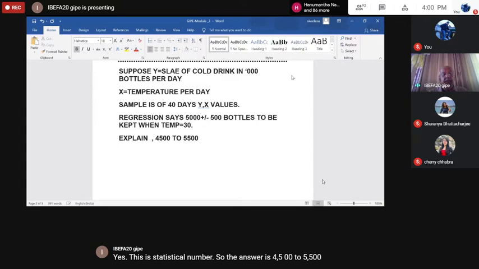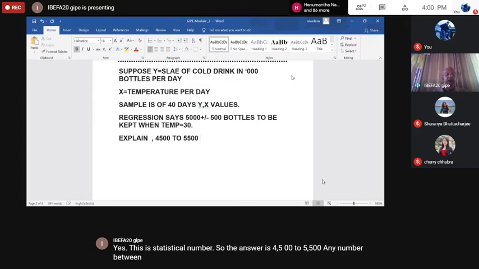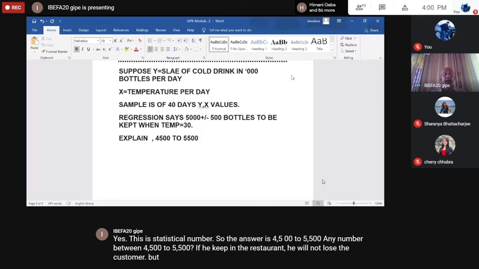Any number between 4,500 and 5,500, if he keeps in the restaurant, he will not lose the customer. But this is data from past business days and is derived by statistics based on a sample.